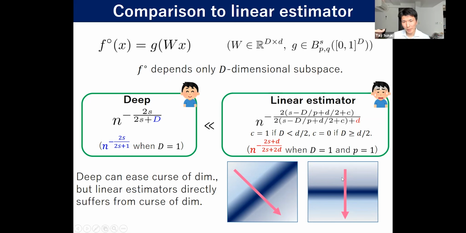Therefore deep learning does that in a supervised way. Even if you apply PCA, it cannot find the informative directions because it doesn't use the information of the output y. So in that sense, using supervised information is very important to achieve this rate of convergence.